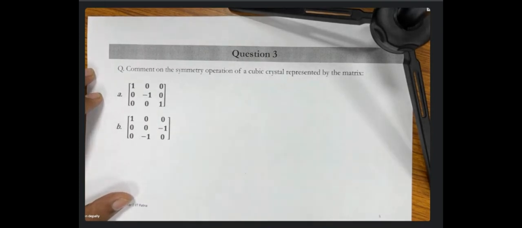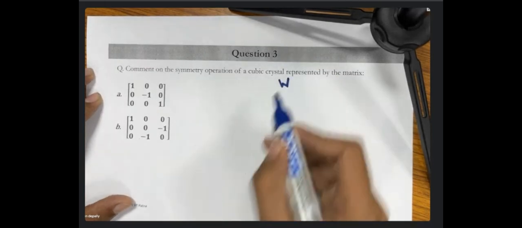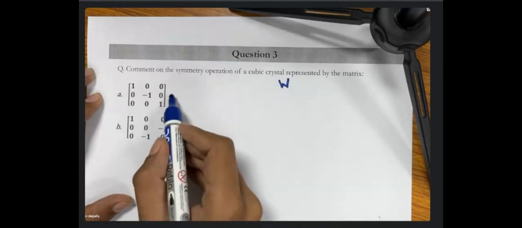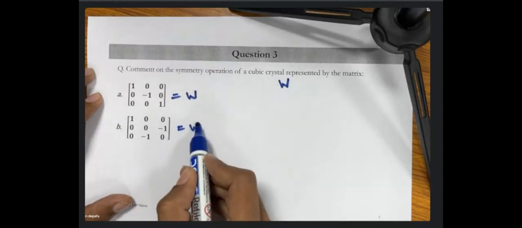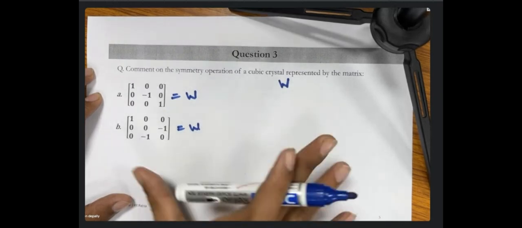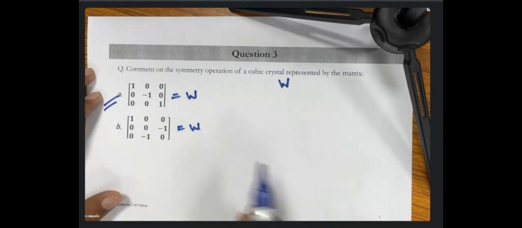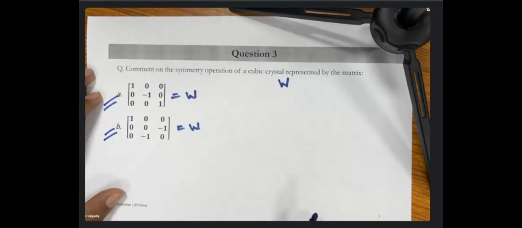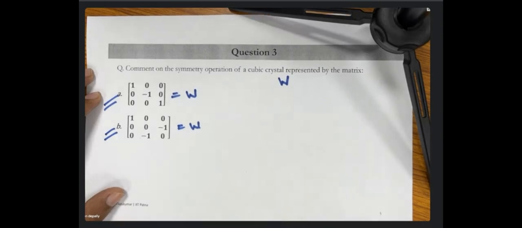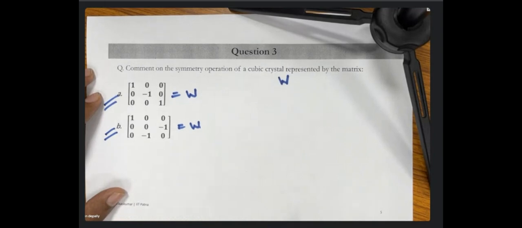We know there is something called a symmetry transformation matrix, which is W. So this itself is two questions, where we have to discuss first option A, then option B. So we need to comment on this particular symmetry transformation matrix.